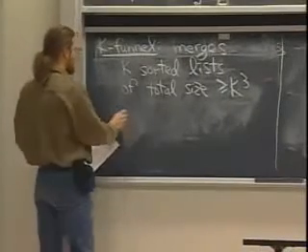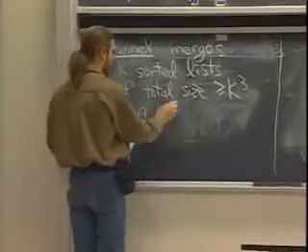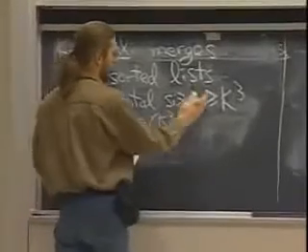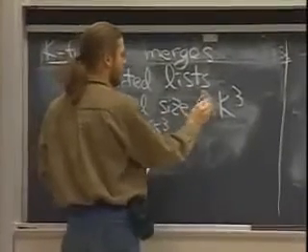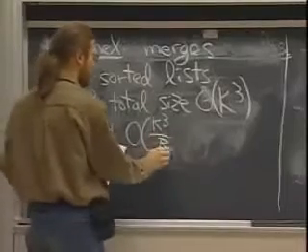Then it merges these lists using essentially the sorting bound. Actually, I should really say theta k cubed. I also don't want it to be too much bigger than k cubed.